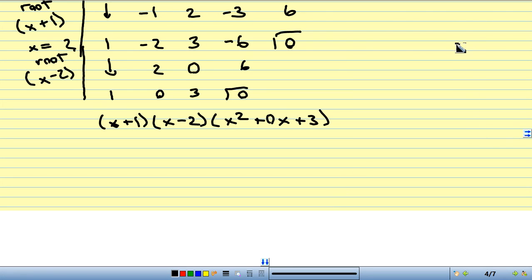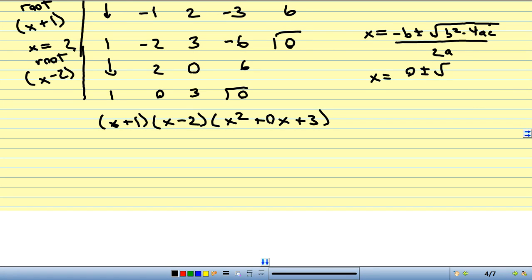So x equals negative b plus or minus square root of b squared minus 4ac, all over 2a. So x equals 0 plus or minus square root of 0 minus 4 times 1 times 3, all over 2 times 1.